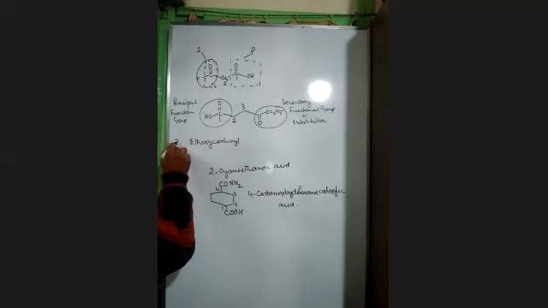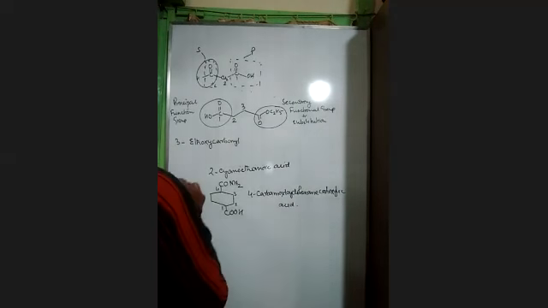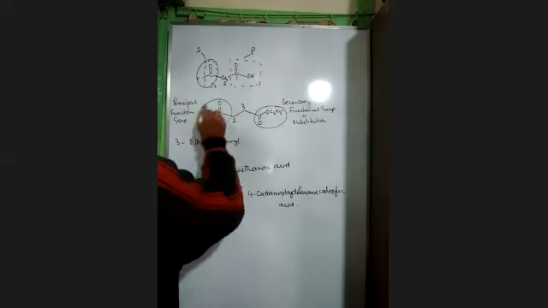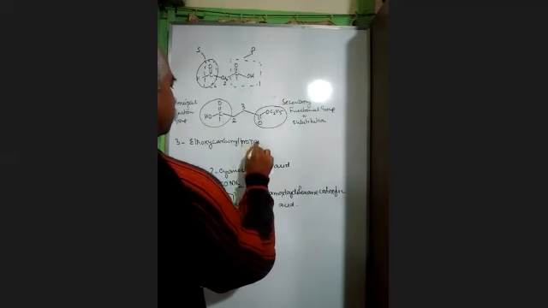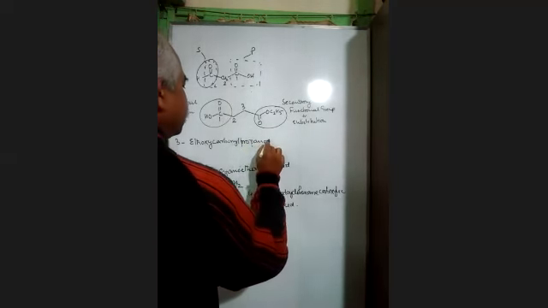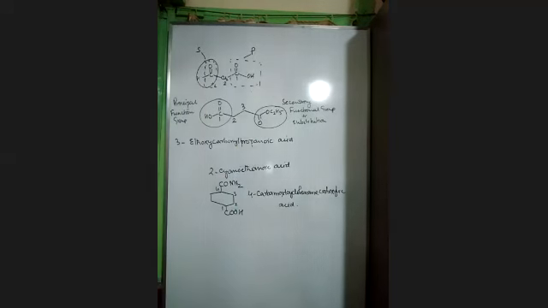On one, so it is 3-ethoxycarbonyl, and this one has 1, 2, 3. So it will be propanoic acid. So it is 3-ethoxycarbonyl propanoic acid.